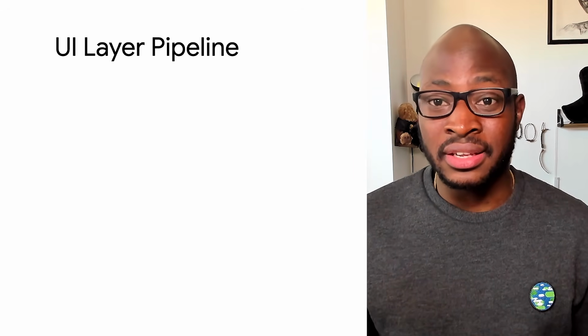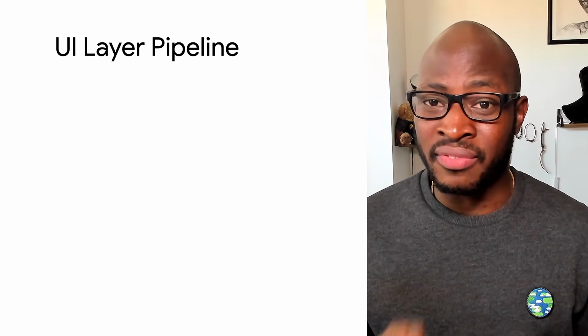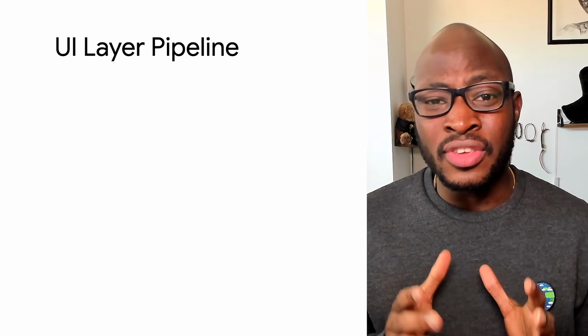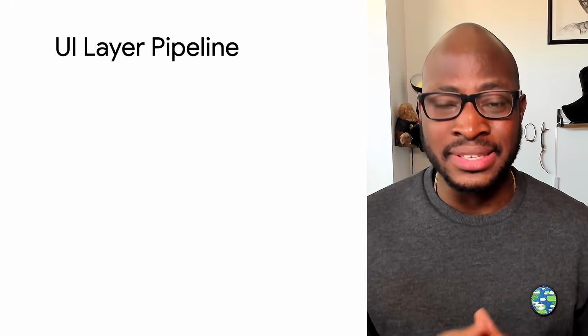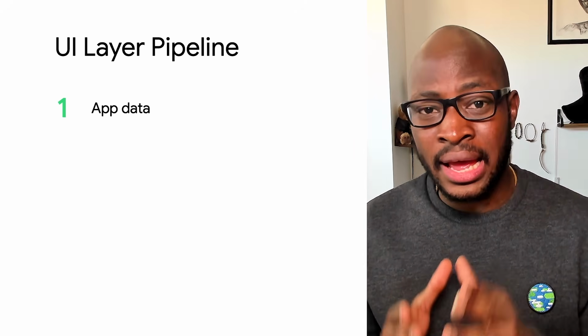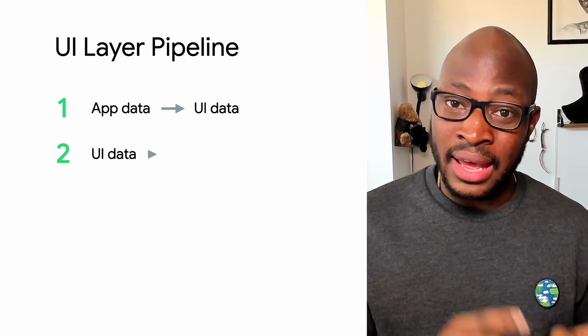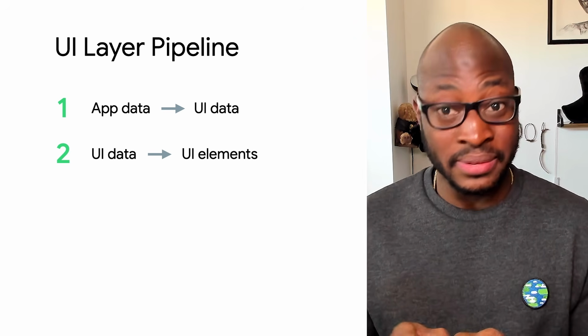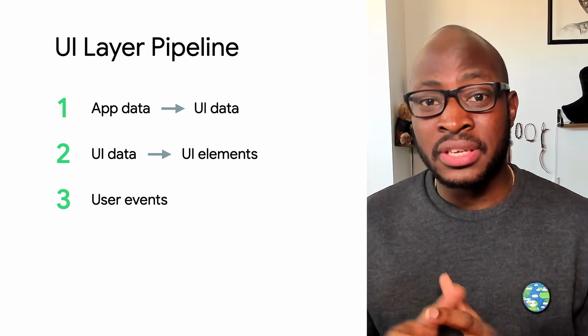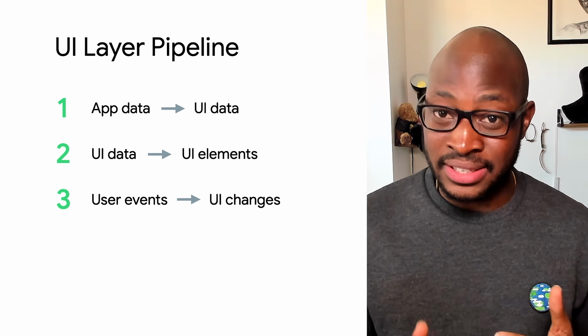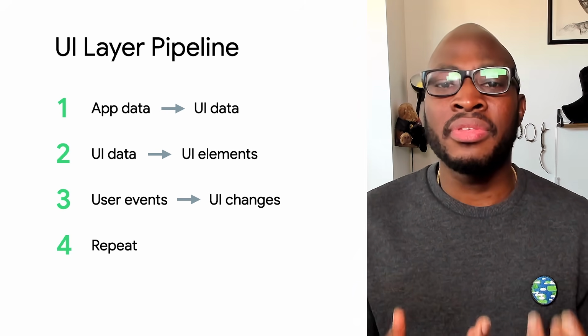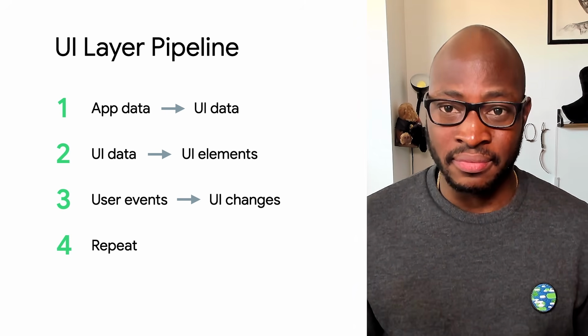Because the role of the data layer is to hold, manage, and provide access to the app data, the UI layer must perform the following steps. Convert app data to UI-specific data, update UI elements to reflect UI-specific data, process user input events that cause UI changes, and repeat all the above as long as necessary.